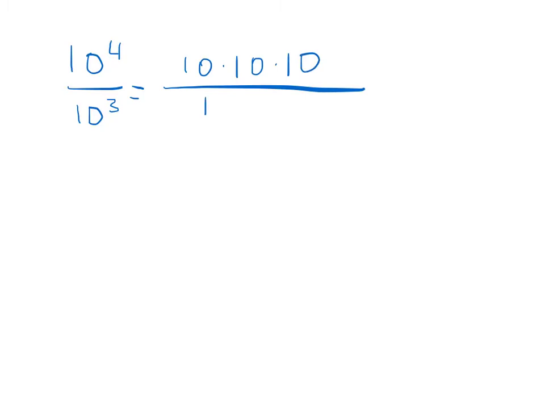Go on to another one here. 10 to the 4th over 10 to the 3rd. 10 times 10 times 10 times 10. 10 times 10 times 10. Alright, we can cancel some of those out here.